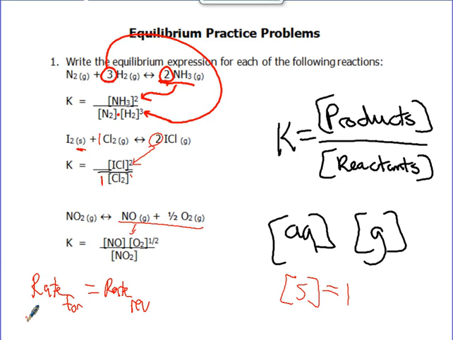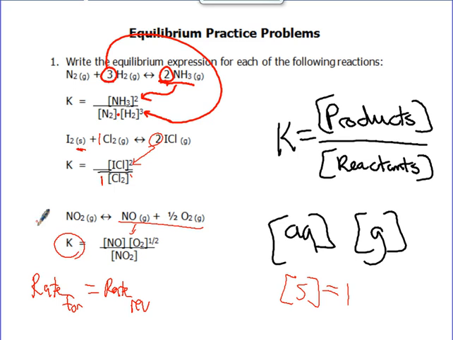And because they're equivalent in speed, as this side makes these products, they're also going to go back and make that. So the change kind of cancels itself out, and we don't see any more reaction from our external perspective. The relationship between products and reactants becomes a constant, and that's where K comes from.